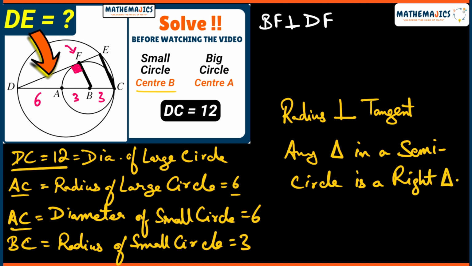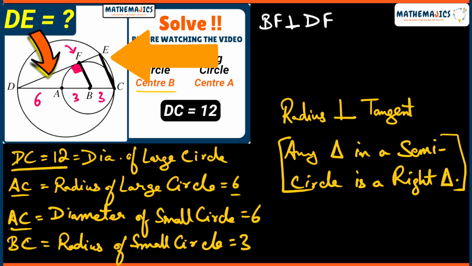I hope you know this rule; you must have learned this in your class. That is why angle E will be 90 degrees. These two angles are 90 degrees each.